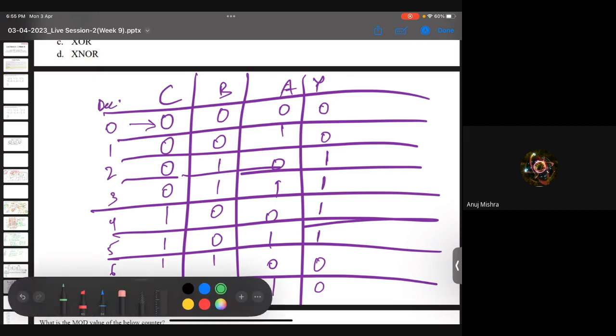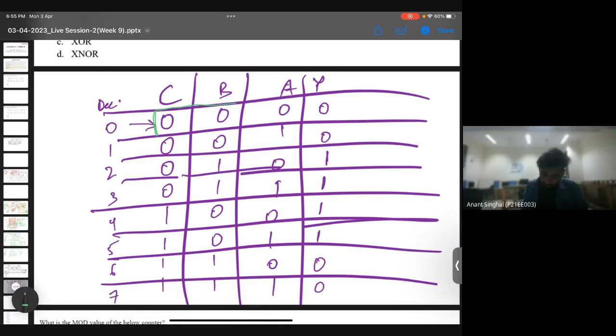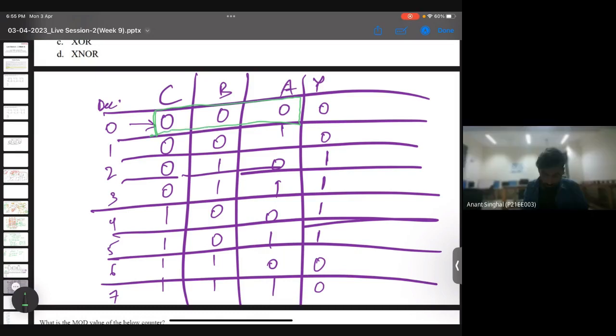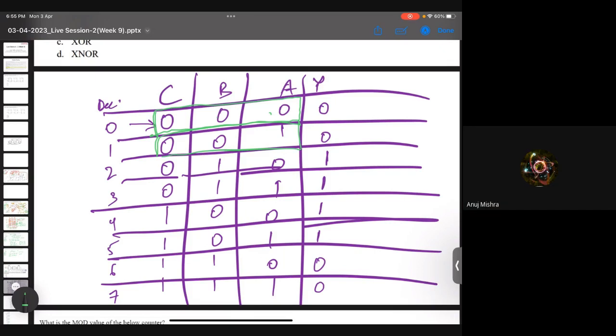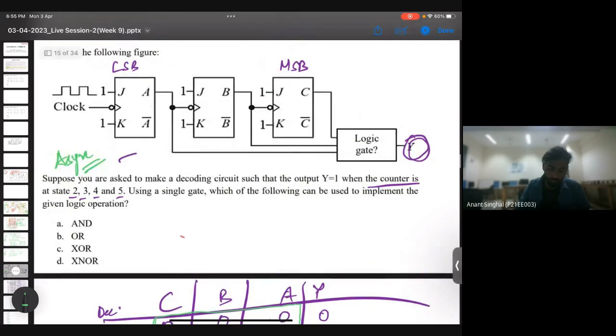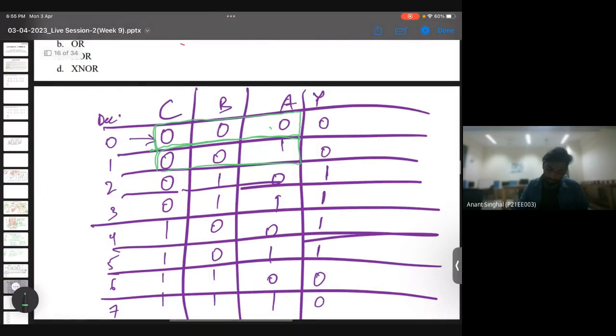In the truth table only, sir. From there only. So it is 0, 0, 0, and it is 0, 0, 1. Where is it the same? Okay, so we are taking the whole thing thrice together, so then it will not be the same. I was taking the first two digits only. No, no. See, there are three flip-flops, so there are eight possible states. It will start from 0, 0, 0, 0, 0, 1 until 1, 1, 1. I've written them here.